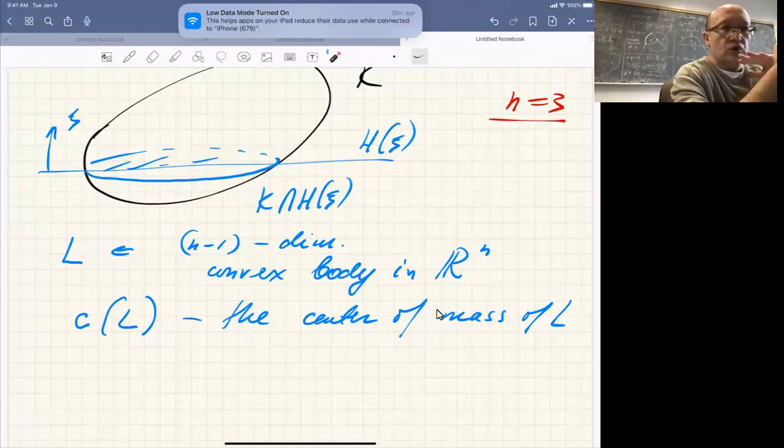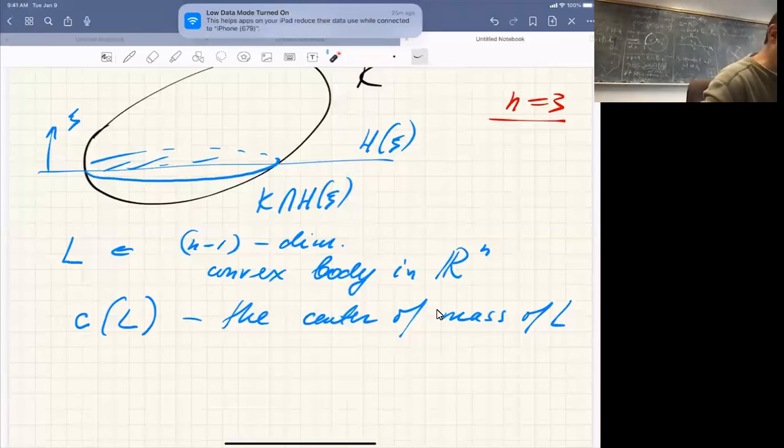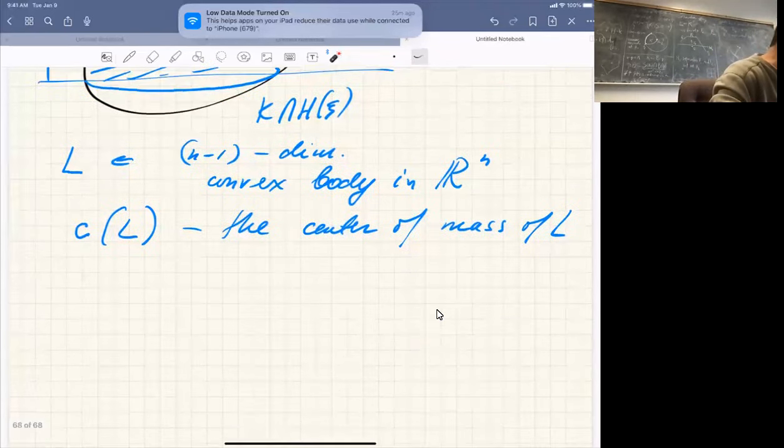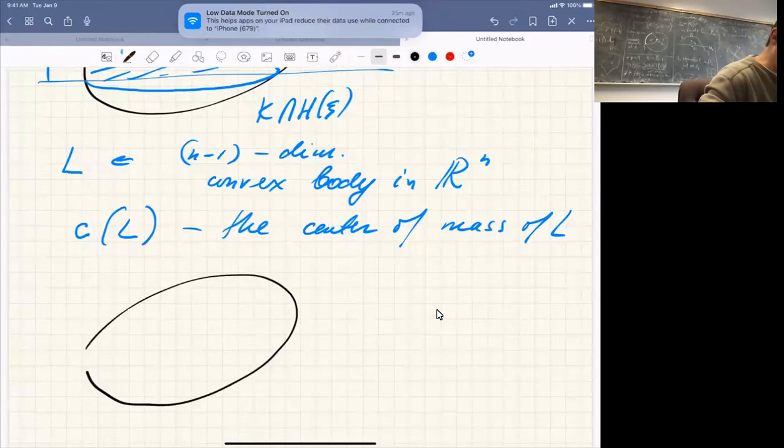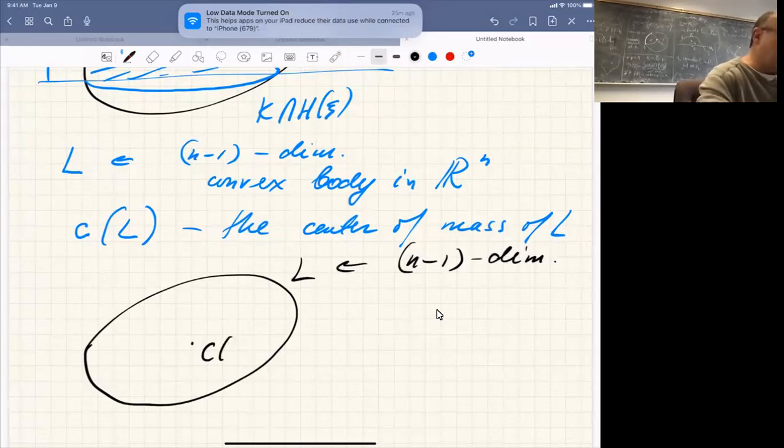These moments are going to show me how much my body rotates about certain line passing through the center of mass of the body. So I have this L of mine. This is n-1 dimensional, but I mean 2-dimensional in R^3. Yes. And I have the center of mass of this guy. And I have the n-2-dimensional subspace. I find a subspace passing through the center of mass of the body. Let me call it pi.